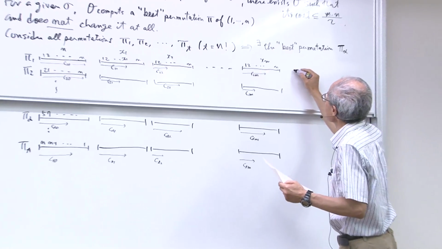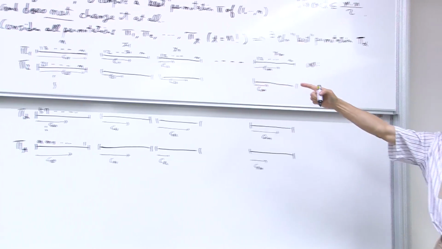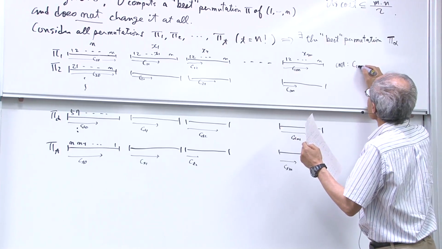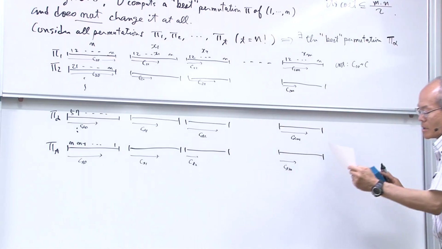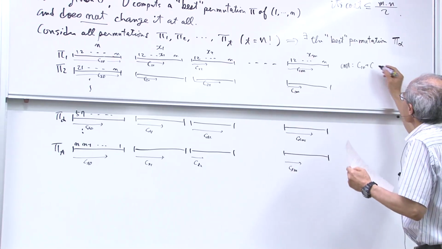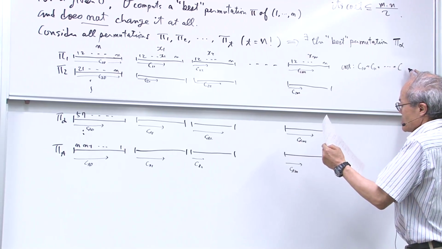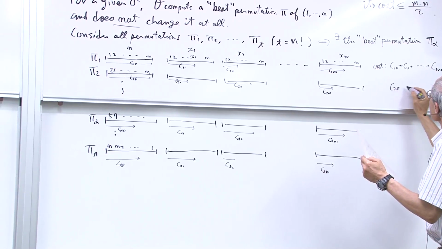The cost of a permutation is the sum of these, C10 plus C11 plus through C1M, and so on.